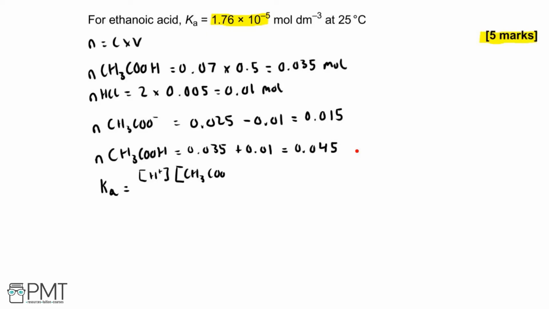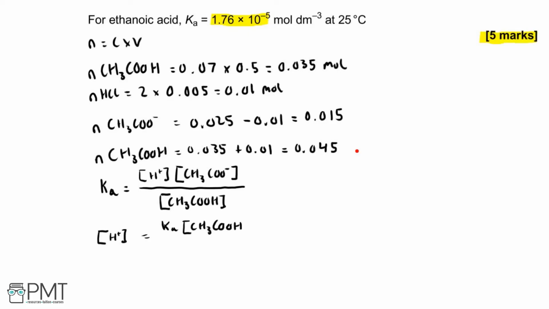We have the concentration of our hydrogen ions multiplied by the concentration of our ethanoate ions divided by the concentration of our ethanoic acid. So rearranging this to find the concentration of our hydrogen ions, we will see that we have our acid dissociation constant multiplied by the concentration of our ethanoic acid divided by the concentration of our ethanoate ions.